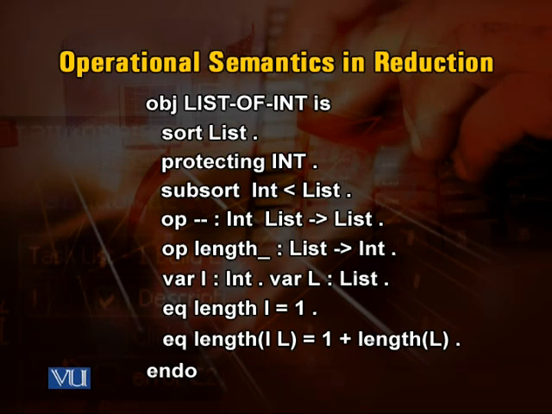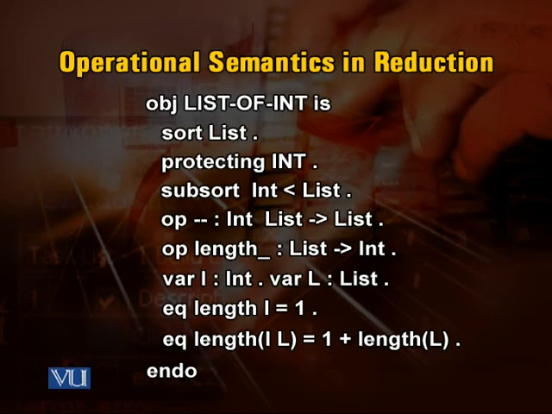Equation EQ length I is equal to 1. So when we have a single integer in the list, the length of the list is 1. And EQ length I L is equal to 1 plus length of L. So this is the recursive definition for the length.